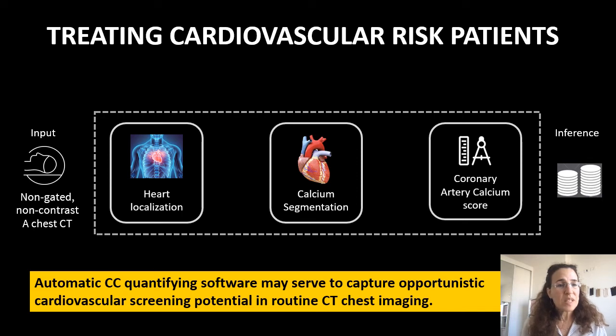What was interesting to see is that the actual frequency of writing reference for coronary calcium was remarkably low in all categories, measuring just 5% even in individuals with a high coronary calcium score above 400. This is an example of the use of an automatic quantification system that has a huge potential to capture opportunistic cardiovascular scanning in routine CT chest imaging and guide more patients into appropriate care and treatment.